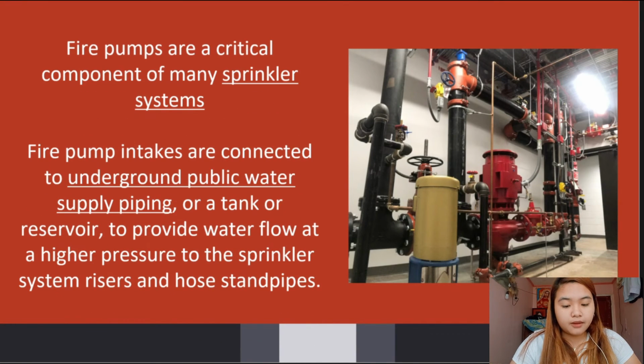So these fire pumps are a critical component of many sprinkler systems, of course. Fire pump intakes are connected to an underground public water supply piping or a tank or reservoir to provide water flow at a higher pressure to the sprinkler systems, risers, and hose standpipes.